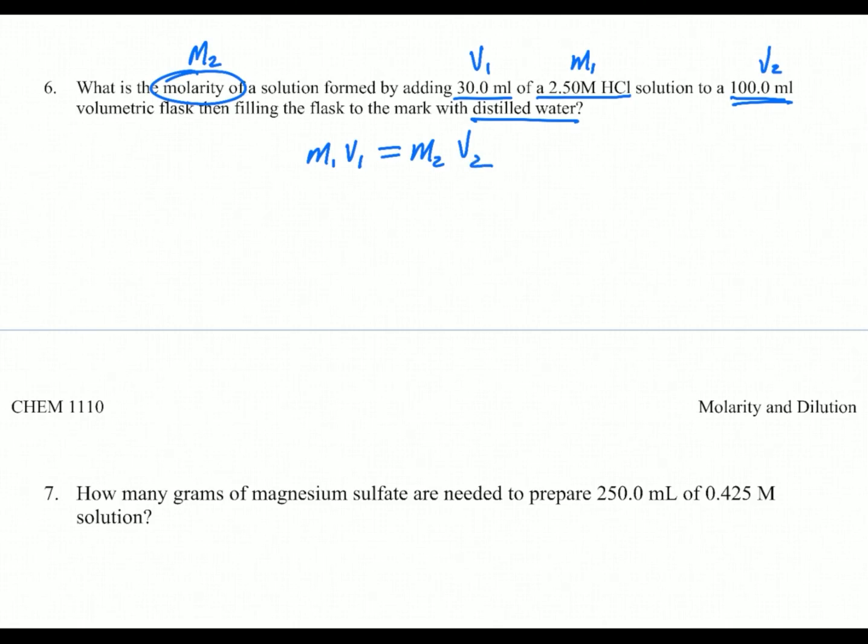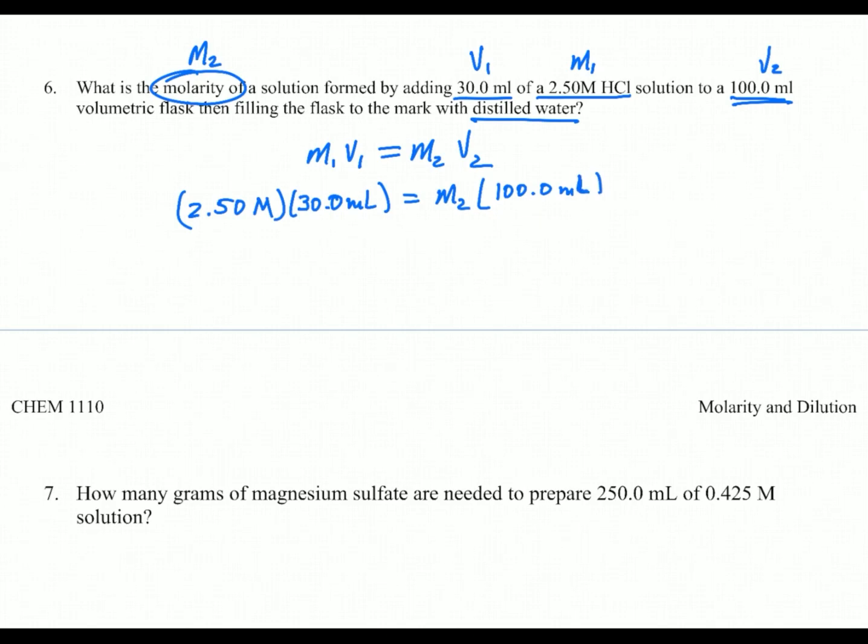Alright, the molarity of the concentrated is 2.50 molar. The volume there is going to be 30.0 milliliters. Second molarity is what we're looking for. And the volume of that solution is going to be 100.0 milliliters.